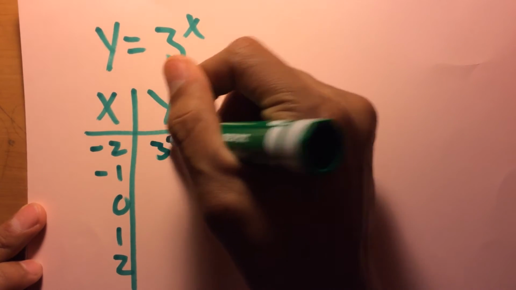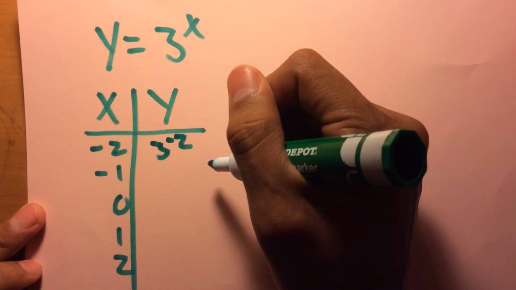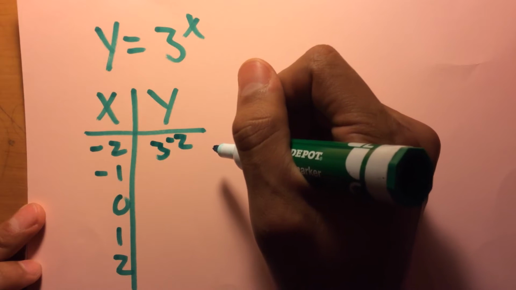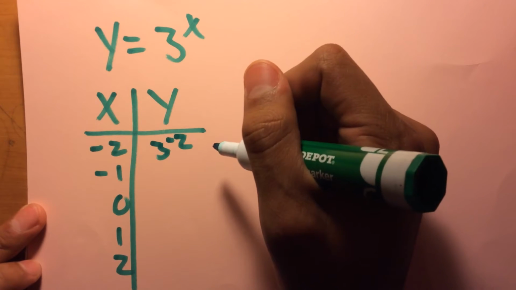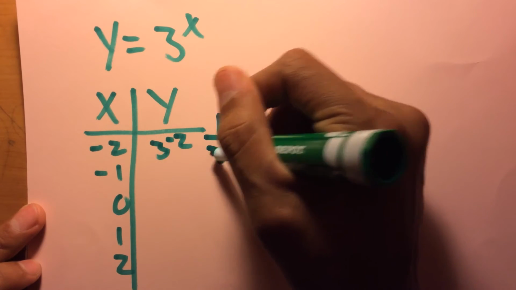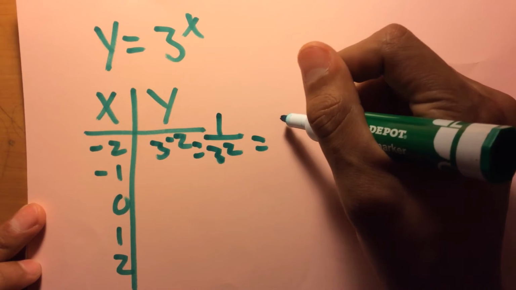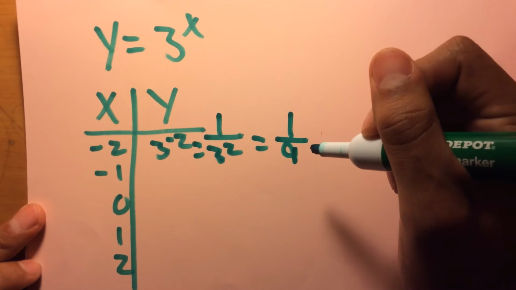Firstly we'll put 3 to the -2 power, and we know that we can't get our value from a negative exponent, so we have to put it under 1. So 3 to the second, that is equal to 1 over 9.